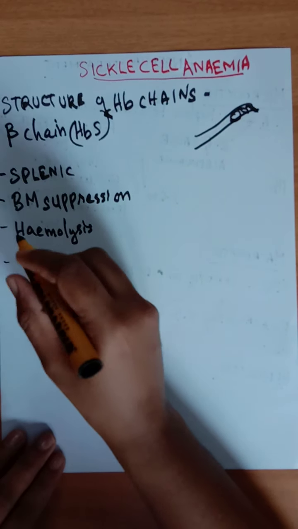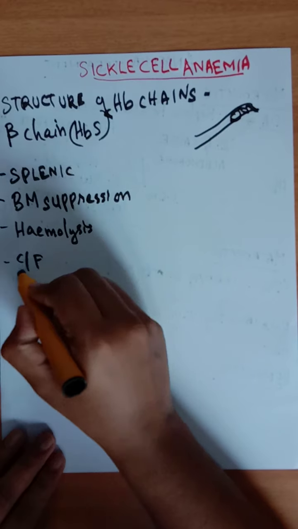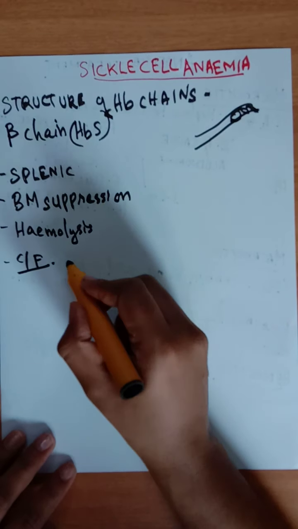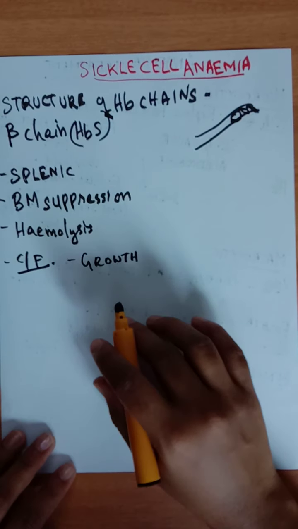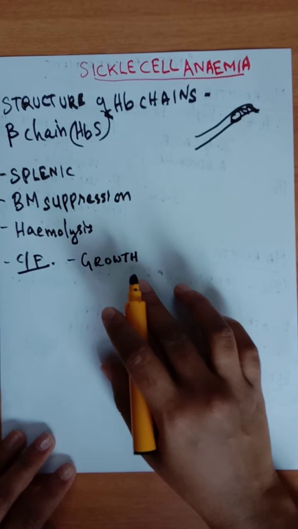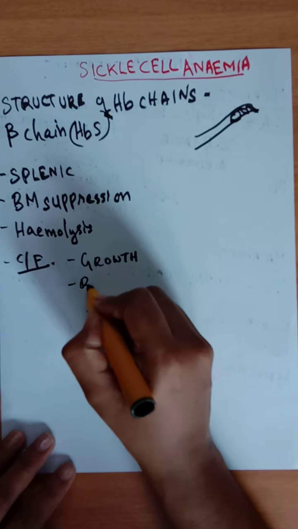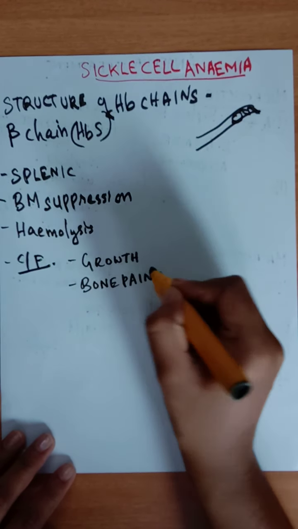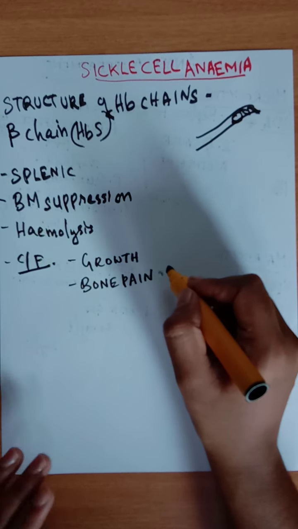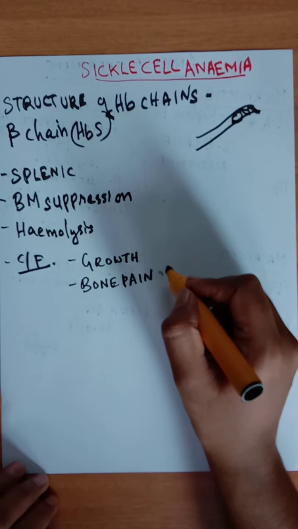Next we will see the clinical features. There will be delayed growth and development, delayed puberty, and bone pain due to vaso-occlusive episodes, and this bone pain will be symmetrical on both sides.